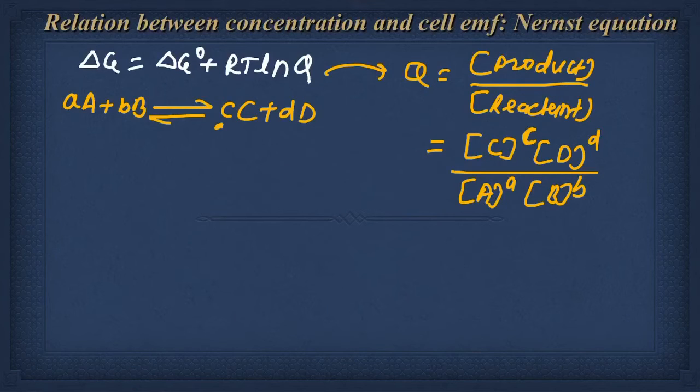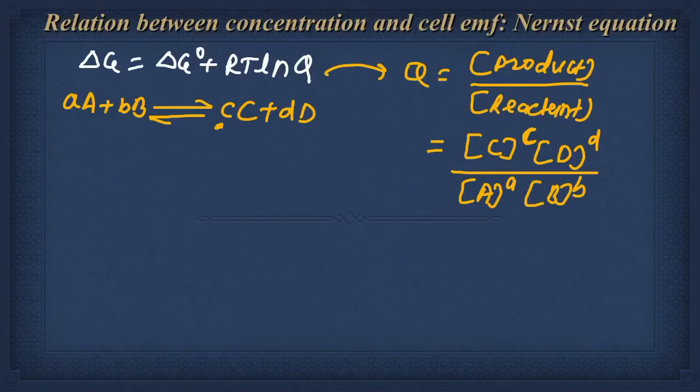Okay, now just put another value. We know that there is a relation between the Gibbs free energy and the standard EMF or EMF of the cell. So delta G is equal to minus nFE, or delta G standard is equal to minus nFE standard.